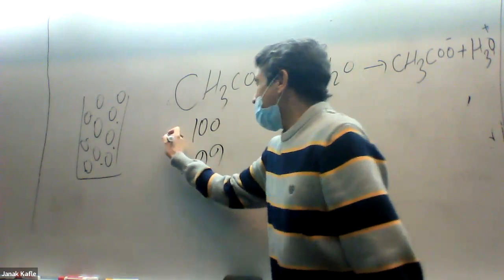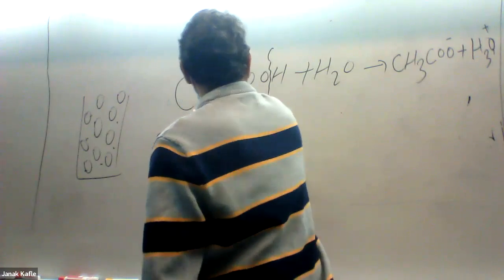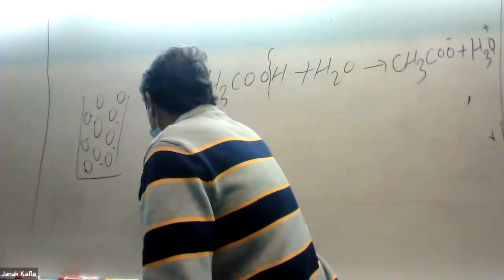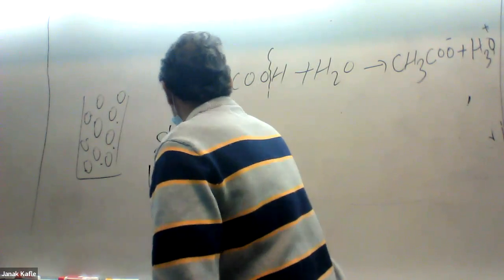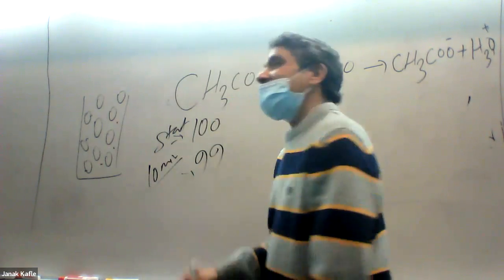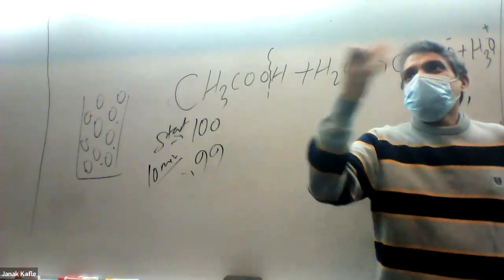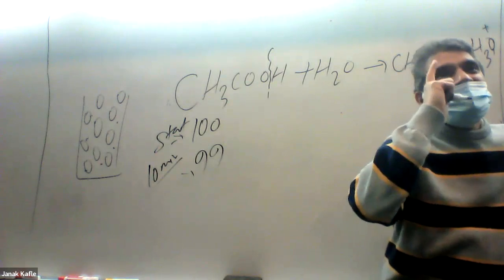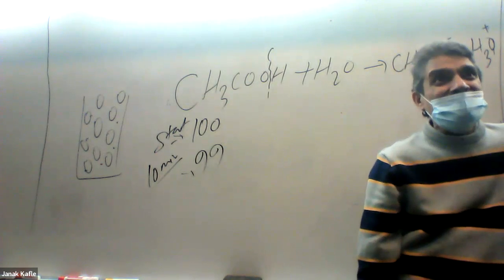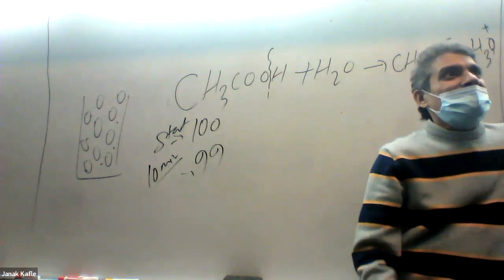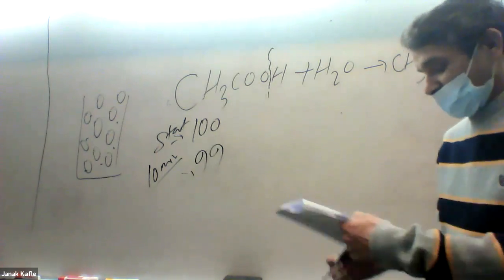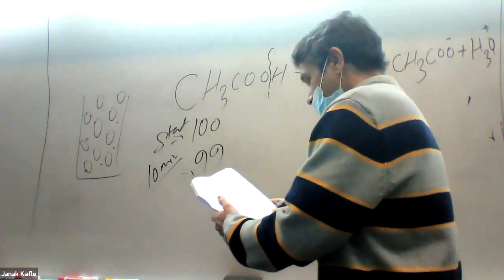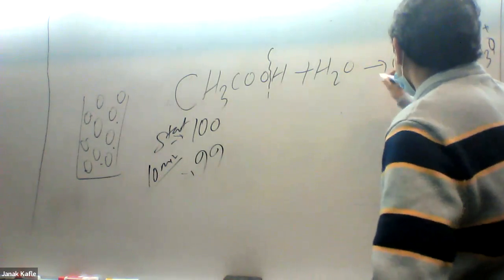At the beginning, I have all of this. But after, let's say, 1 hour or maybe 10 minutes, whatever you measure, 99 of those particles are left behind. Only one particle out of 100 is breaking. Make sense? So this kind of condition, I can write like this.